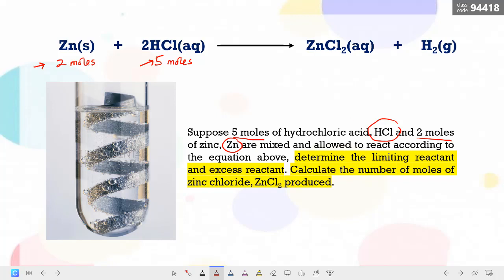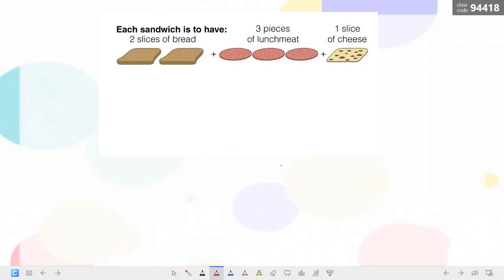If you can see here in the question, firstly, you have to determine the limiting reactant and excess reactant. To understand more about limiting reactant, let's see this analogy. In order to prepare one set of sandwich, I must have 2 slices of bread, 3 pieces of lunch meat, and 1 slice of cheese.